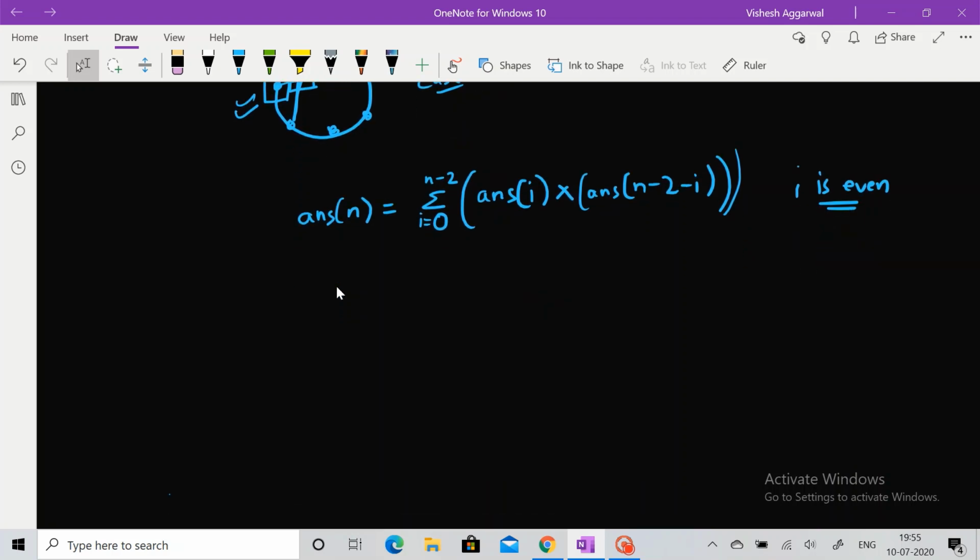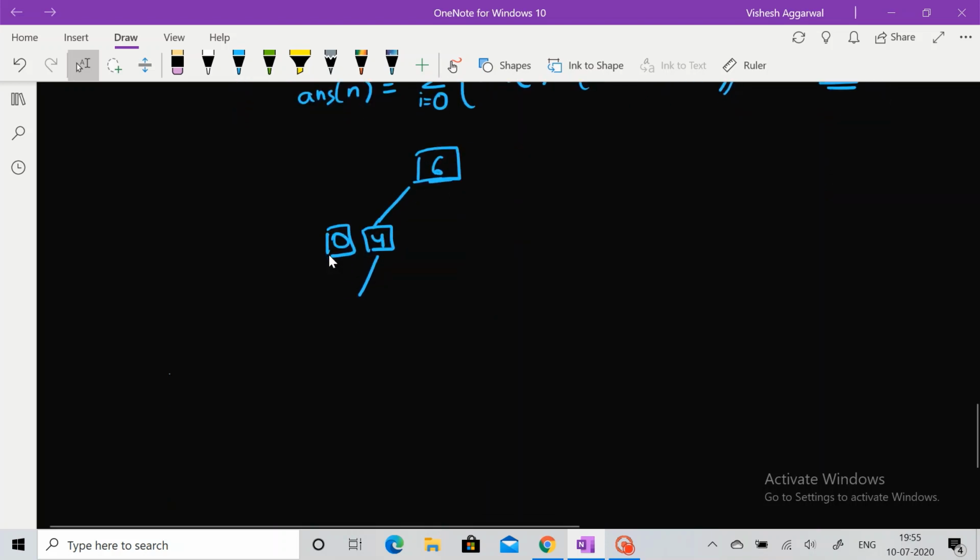So let's generate the recursion tree for this approach. Suppose we have asked the answer for 6 points. Then in the first case, it will ask the answer for 0 points on the left side and 4 points on the right side. For 4 points, it will again go into recursion and ask for 0 points on the left side and 2 points on the right side.